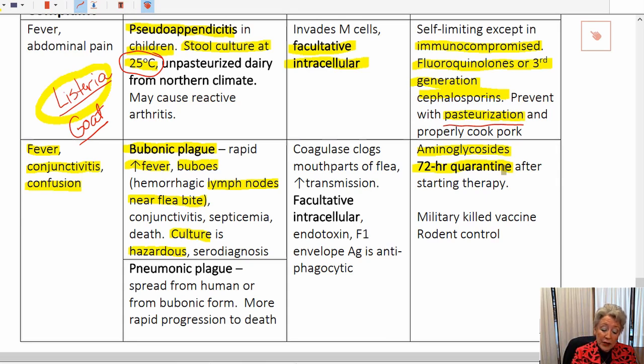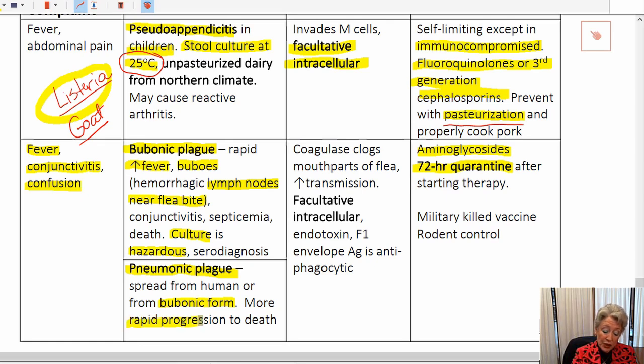Now, other than that, if the patient lives long enough to have it spread via the blood and into the lung, realize that this can be directly transmitted to another human in that way, or it can be produced from the initial onset of the bubonic form.